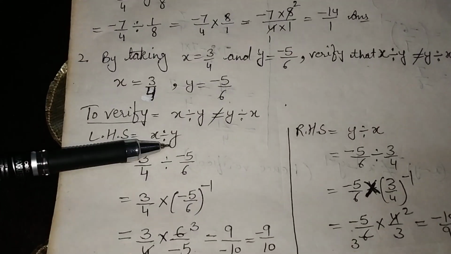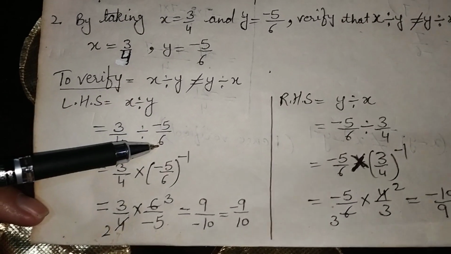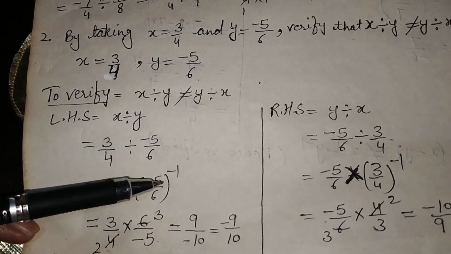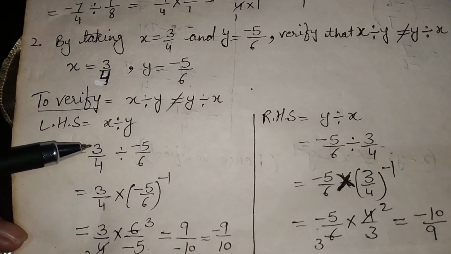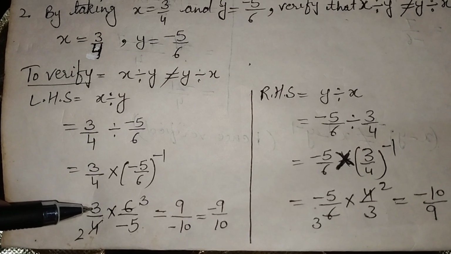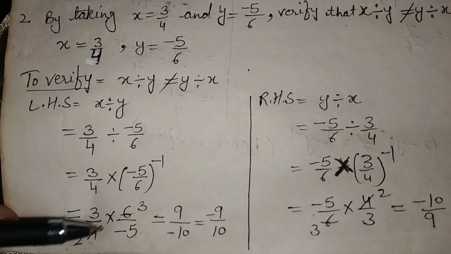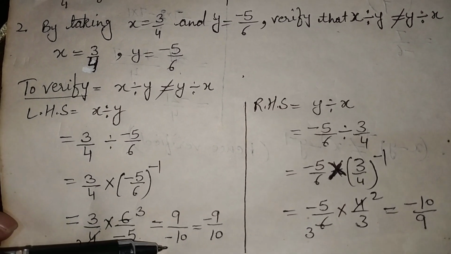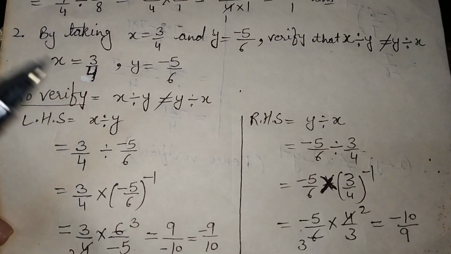The reciprocal means we will write minus 5 upon 6 raised to the power minus 1. We can write it like this, or directly we can do this step. It is up to you. 3 upon 4 multiply 6 upon minus 5. You can cancel this. 9 upon minus 10, we can write it as minus 9 upon 10 in standard form.